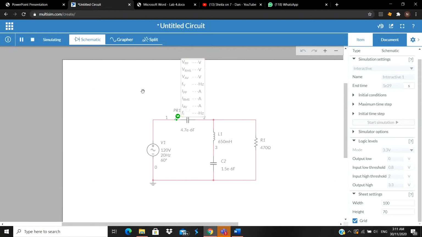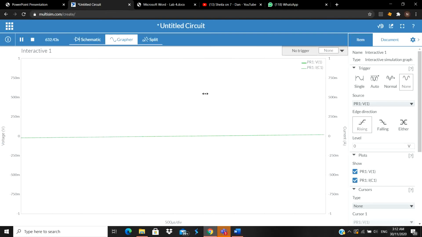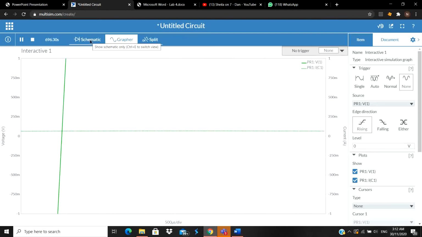To find the period, same as the previous method, just divide 1 over frequency. So 1 divided by 20, we get 0.05 second. So for the graph, this is how it looks for the 20 Hertz with the period of 0.05 second.